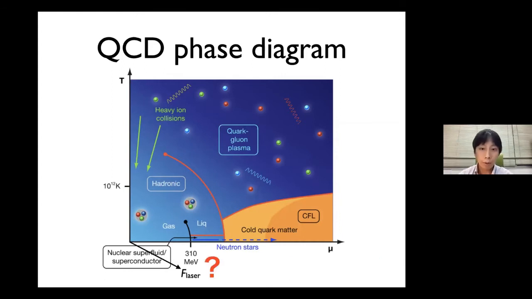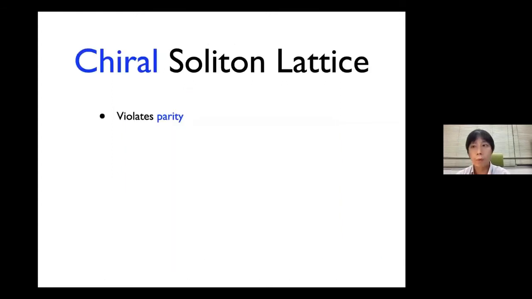So let me start with the definition of the chiral soliton lattice. The chiral soliton lattice has three characteristic properties corresponding to its name: chiral, soliton, and lattice. Chiral stands for the property that it violates parity symmetry in the ground state.